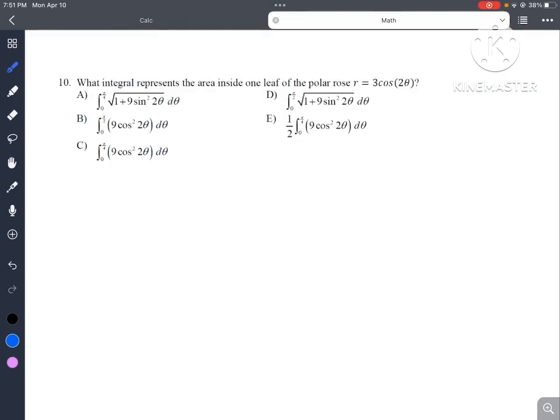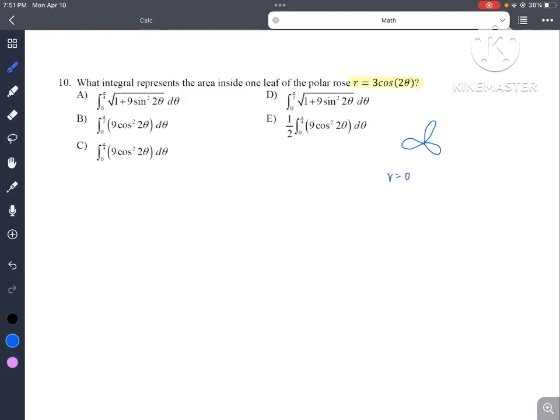Now let's find what integral represents one leaf of the polar rose r is equal to 3 cosine 2 theta. So these roses often just look like something like this, where there are different petals. So we just need to find the intersection, which is when r is equal to 0.